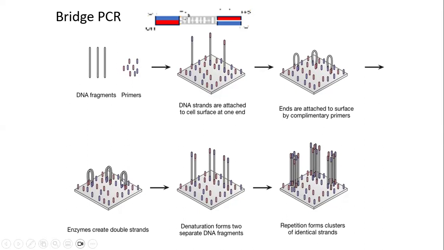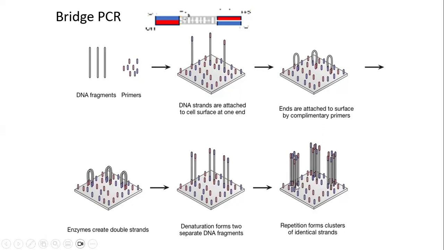After that, we do a denaturation step, so the two strands get separated. Again, they bend down and form base pairing with the complementary primers that are attached. In this fashion, the single DNA fragment, originally representing one fragment of the library, multiplies to form clusters of identical strands, which is known as clonal propagation or PCR amplification on the surface of the chip that contains several cells.